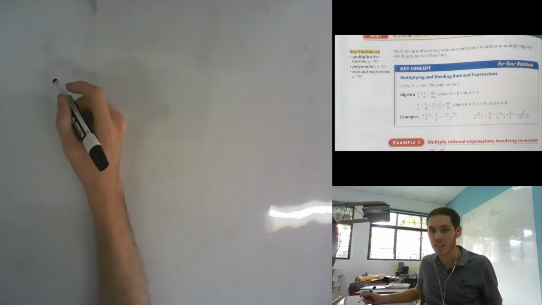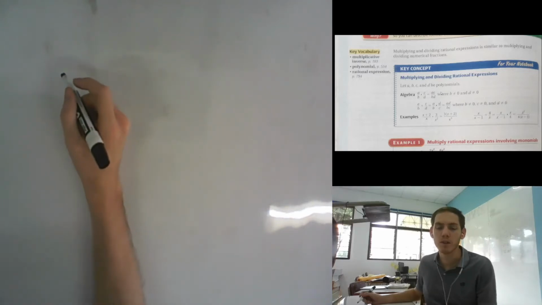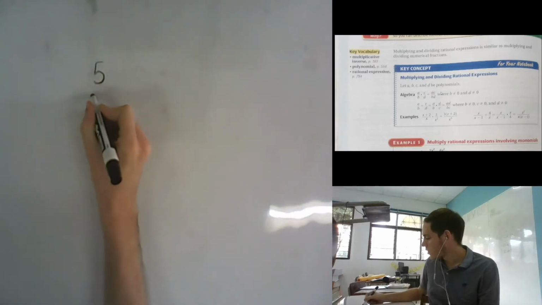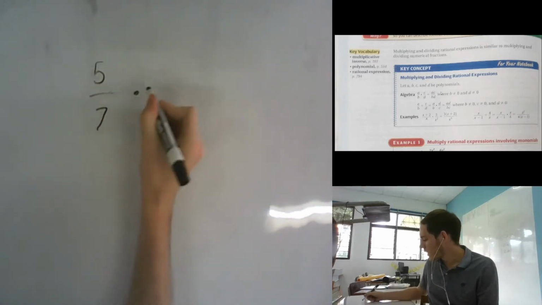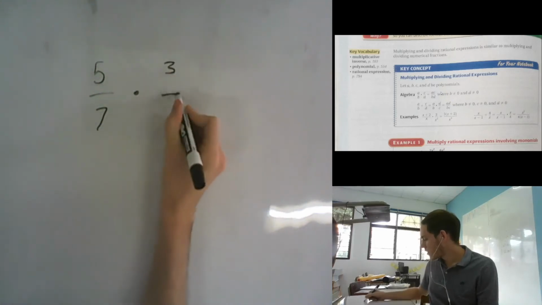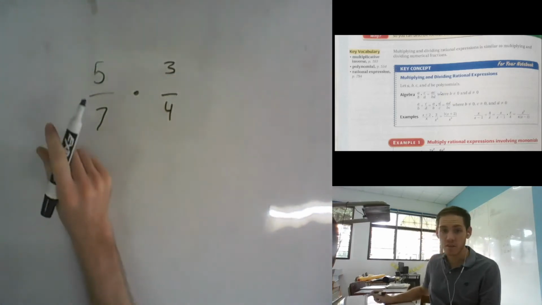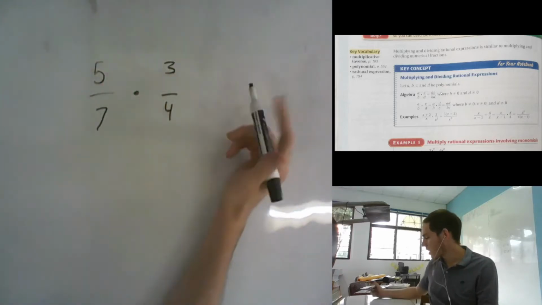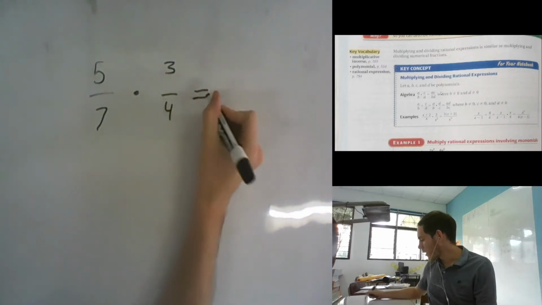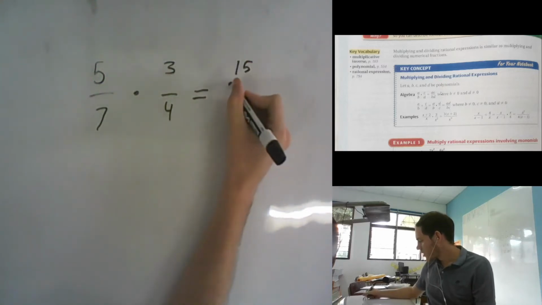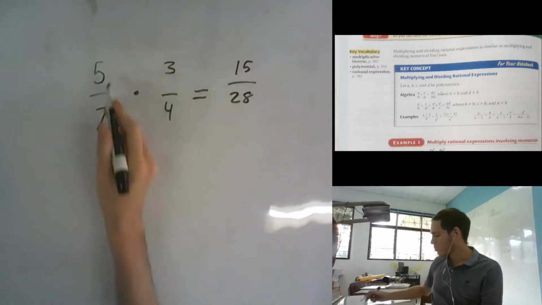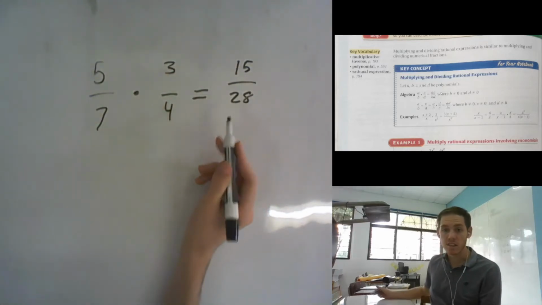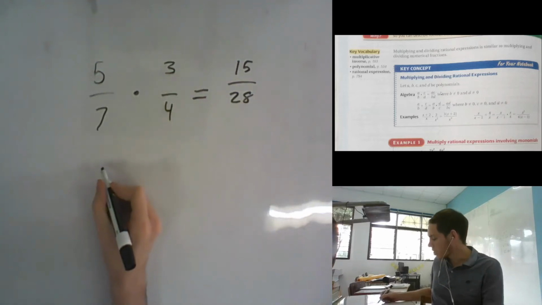Okay, so we're talking about multiplying and dividing rational expressions. Just to remind you, if you have two fractions, you multiply the top and you multiply the bottom. So you get 15 over 28. I multiplied the top, got 15, multiplied the bottom, got 28. Same thing is true with rational expressions.